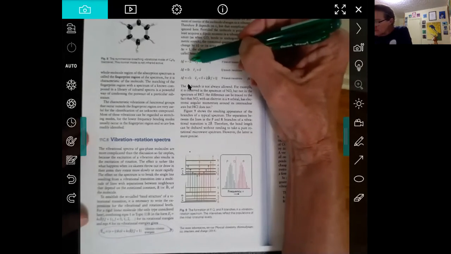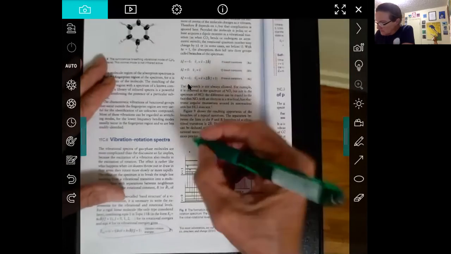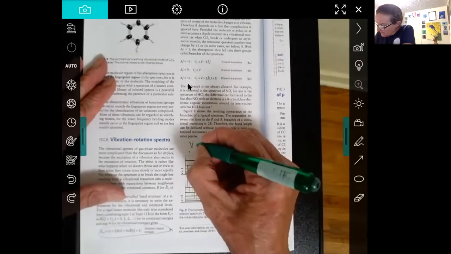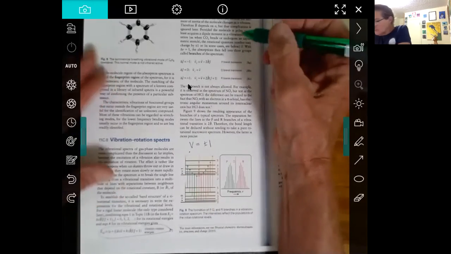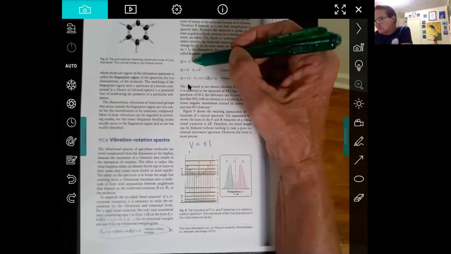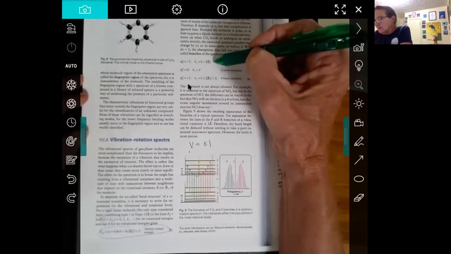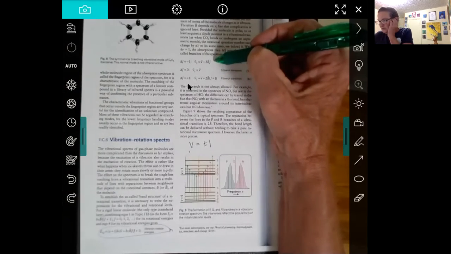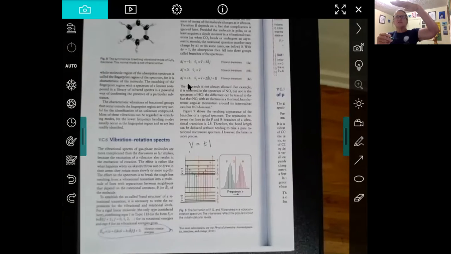So this first one says you can change the vibrational energy because the selection rule said that V has to go up or down by 1. You have to change the rotational state only 1. And if you do, you can also change the rotational state by 1. When you do that, if you change it by -1, your frequency will be less, so you're not absorbing as much energy. So that says you go up vibrational state, but down rotational state energy.